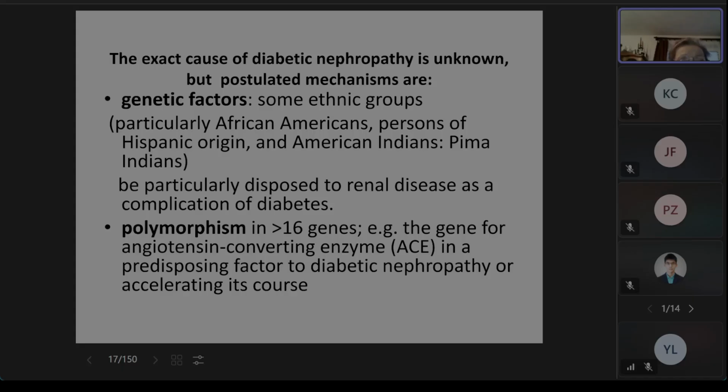For example, these are Afro-Americans, but also Pima Indians living in the United States. It has also been found that over 16 genes can have a polymorphism leading to diabetic nephropathy. One of the best known genes which has a great influence on forming diabetic nephropathy is the polymorphism of the gene for angiotensin converting enzyme.